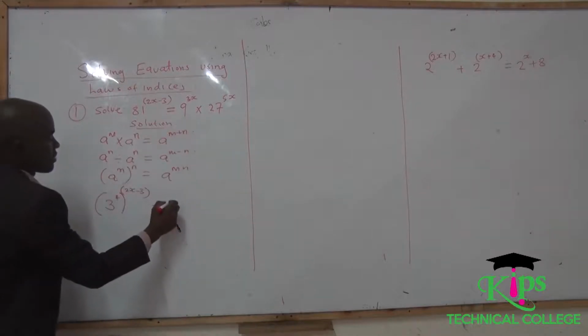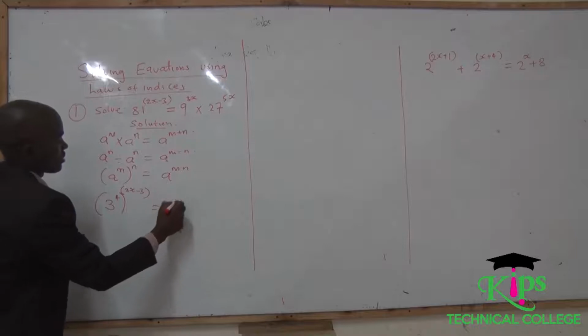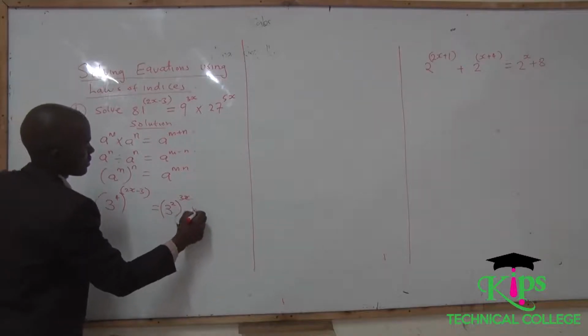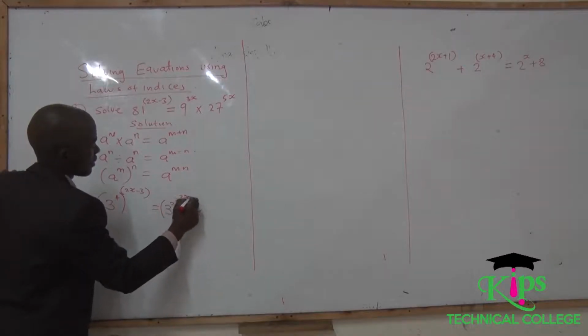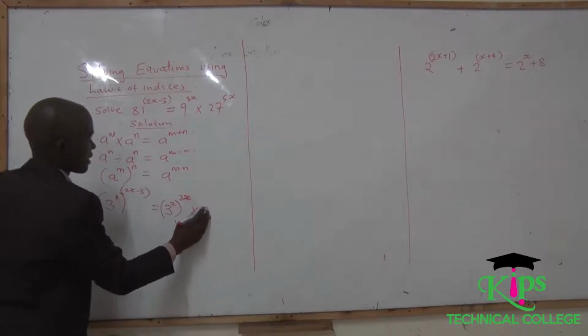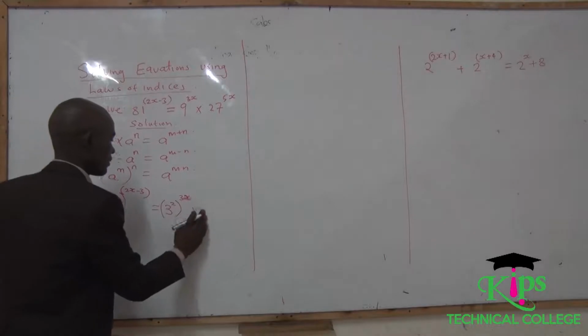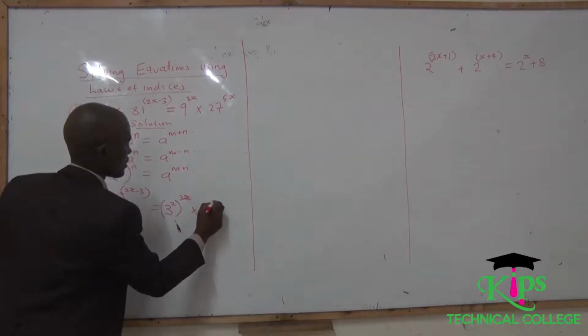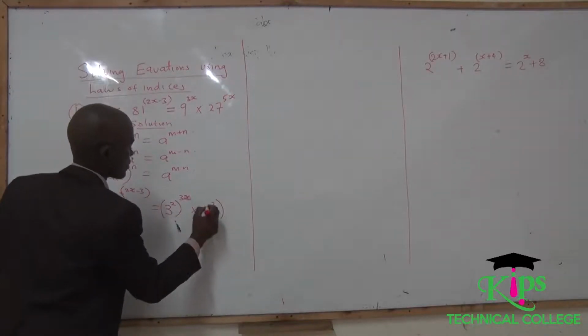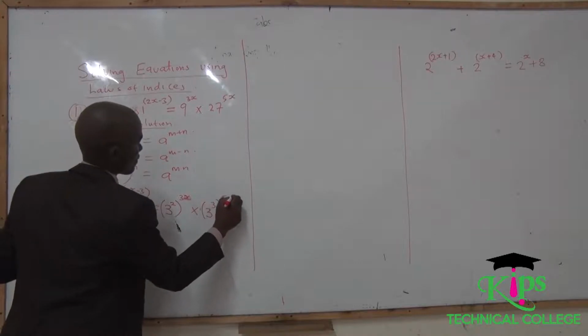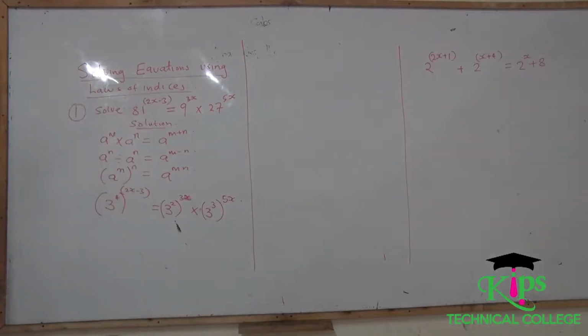Remember 9 is the same as 3 raised to power 2, raised to 3x, times 27, which is the same as 3 raised to 3, raised to x.